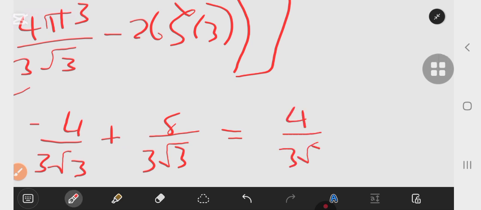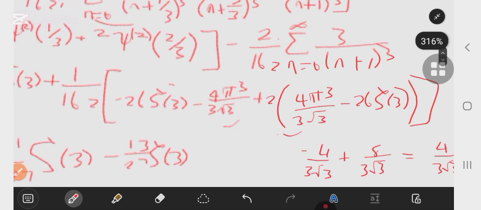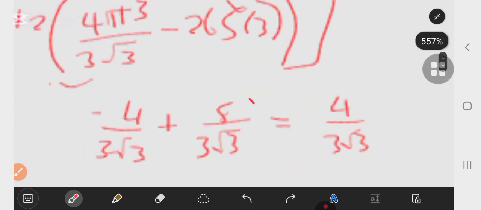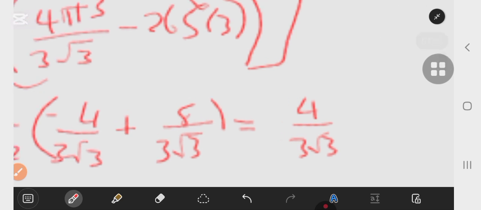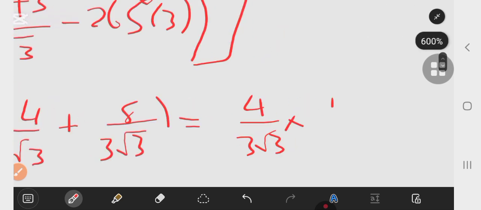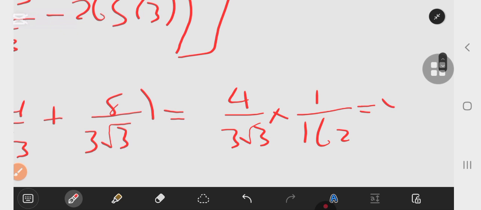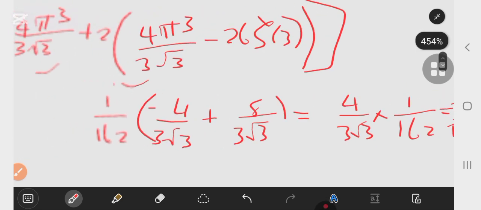Now if I'm to multiply it by 1 over 162, I'll be left with 1 over 162 multiplying this is the same as this multiplying 1 over 162. So rationalizing the third there, I'll have 2 root 3 all over 729.